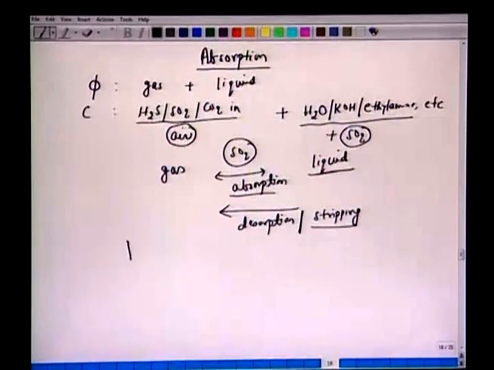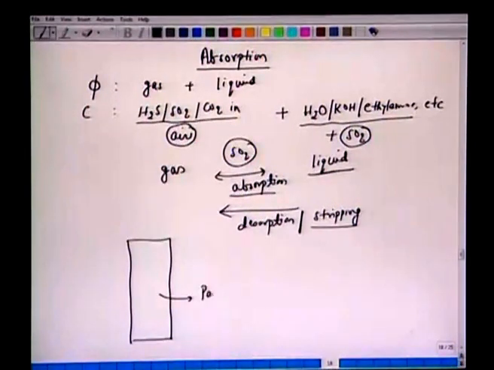Let us draw a column, and we call it a packed bed column. We will discuss the configuration of different types of packing later. All we are seeing right now is a packed bed column. This air containing sulfur dioxide is brought in from one end. We can again mark some concentration here, mole fraction, let us say this is Y0. For the gas phase we use Y0, and the flow rate is given, say Gs.